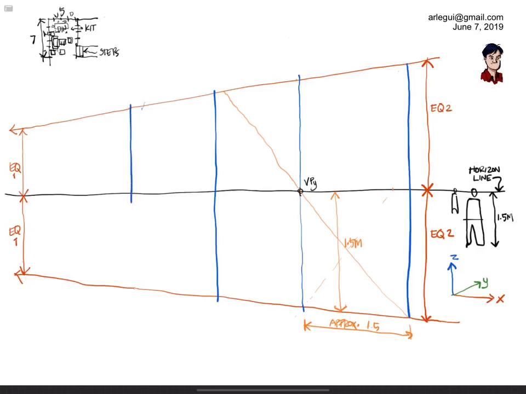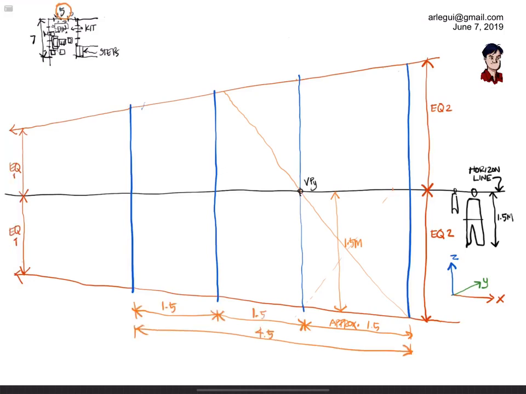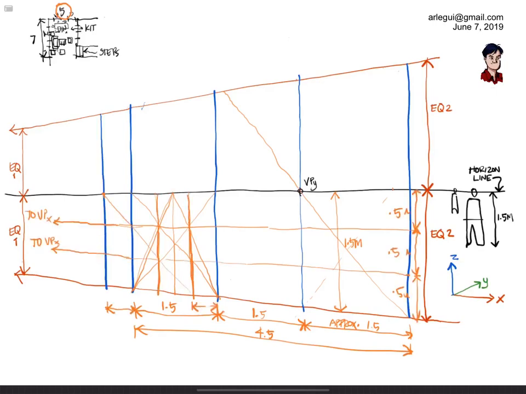Okay, so if we have 1.5 meters, that's 4.5. And how do you construct the last meter of that? Okay, so that's 4.5. I'm making this X extension by subdividing these, and trying to determine if you subdivide this into 3 equal parts, then we could get a measurement of 0.5 meters for each.